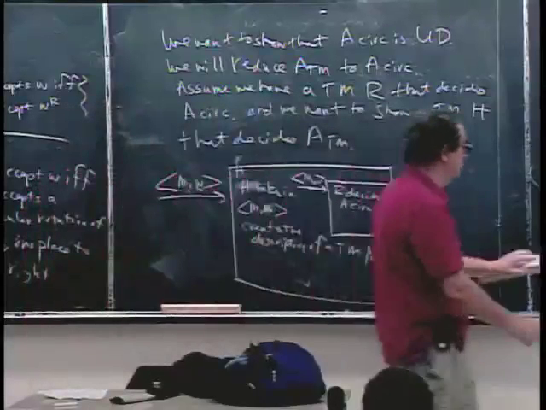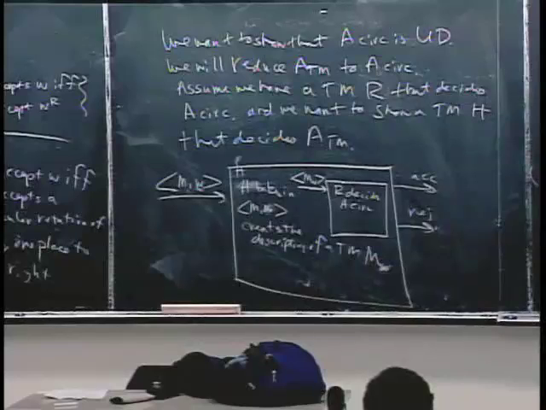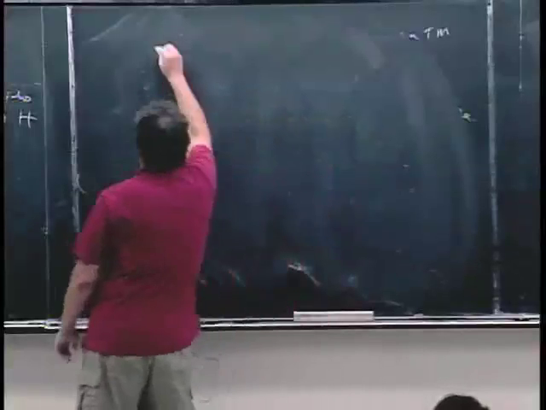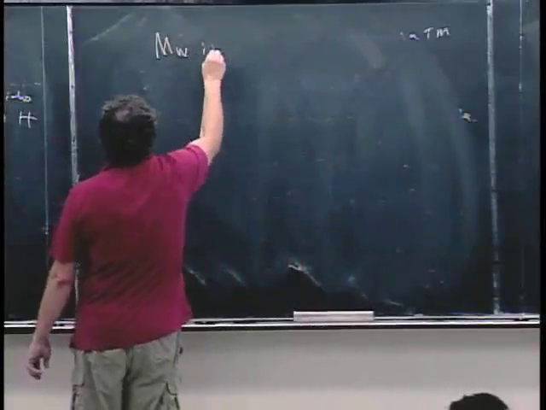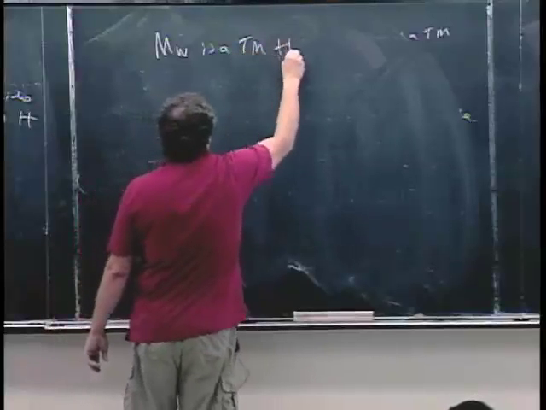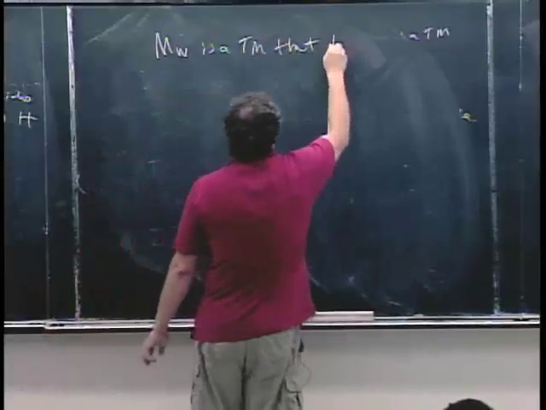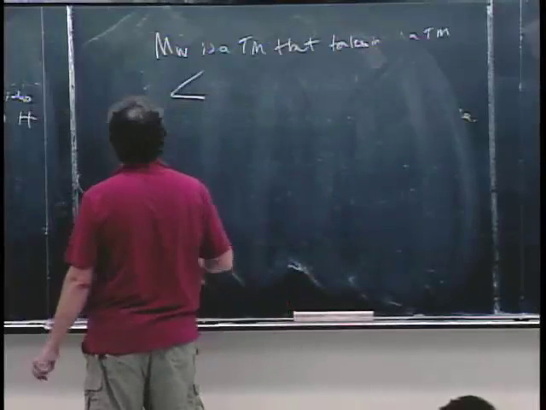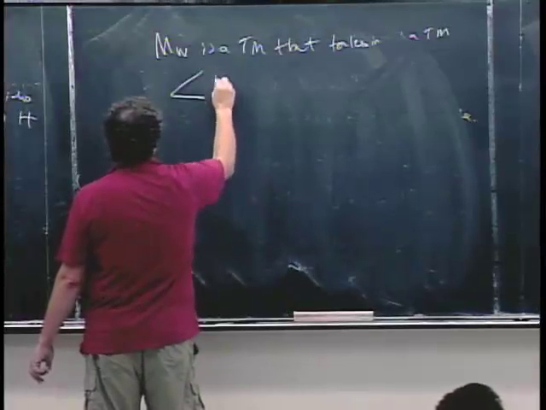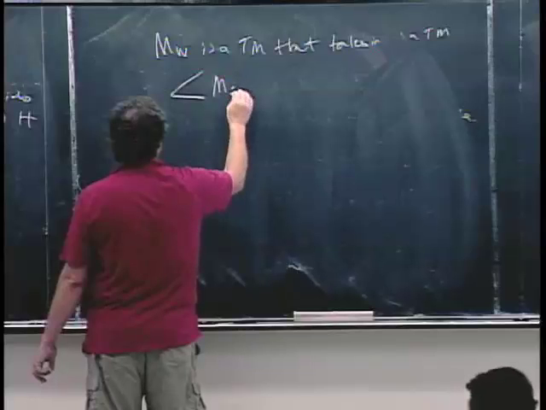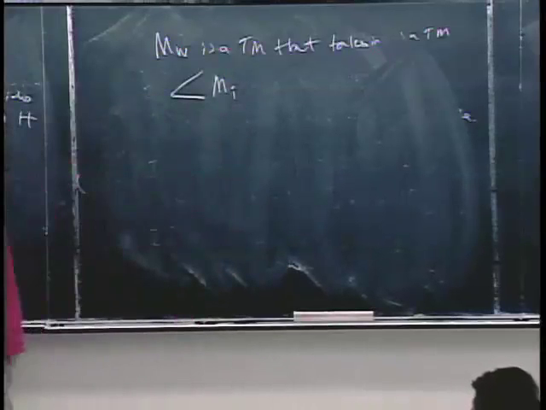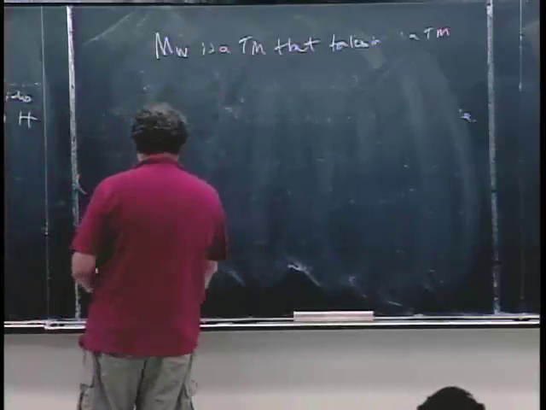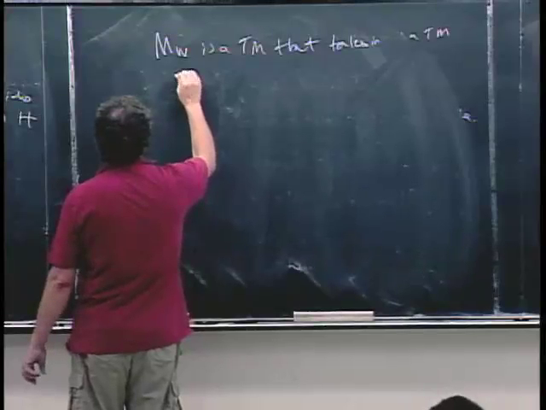Okay, so I need some more room here. I want MW to be a Turing machine that takes in, sorry, it takes in W. It takes in some input.